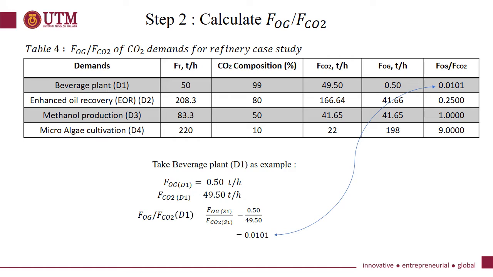We obtain the ratio of other gases to CO2 gas flow rate of D1 by dividing FOG of D1 by FCO2 of D1, which is 0.5 over 49.5. Then we obtain the FOG over FCO2 of D1, which is 0.0101. Again, repeat the step for all the CO2 demands. Table 4 shows the FOG over FCO2 of CO2 demand for this case study.